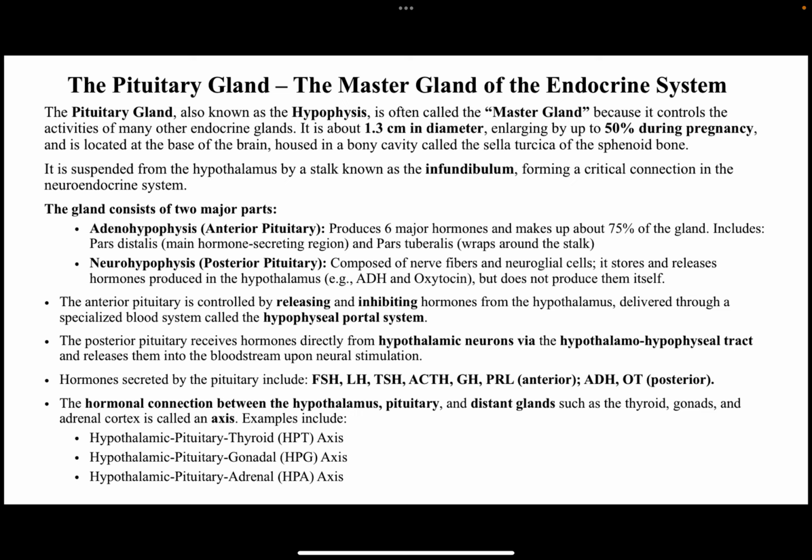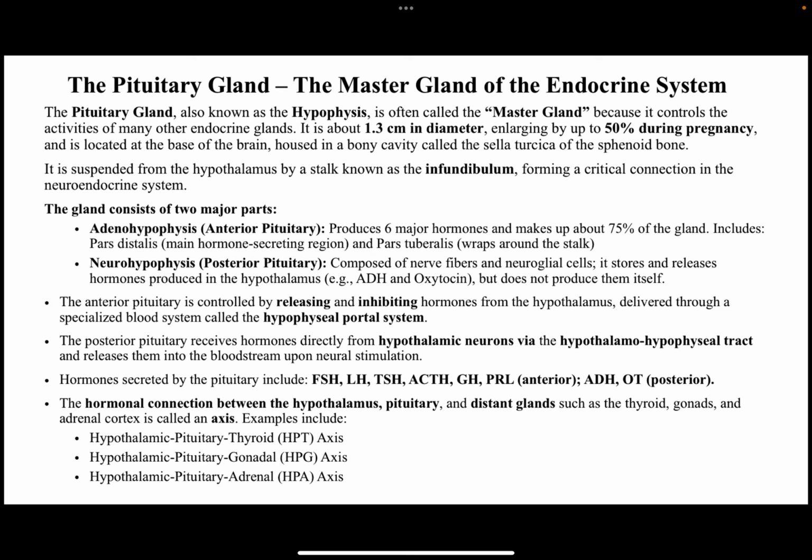They are delivered through a specialized blood system called the hypophyseal portal system, which links the hypothalamus to the anterior pituitary via blood vessels, the veins.